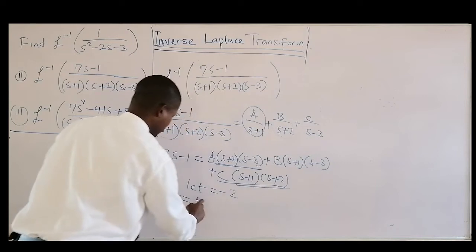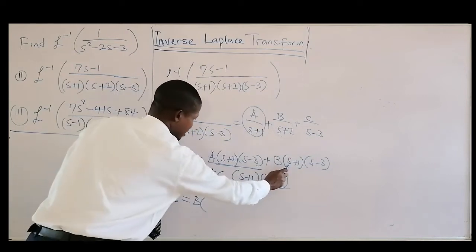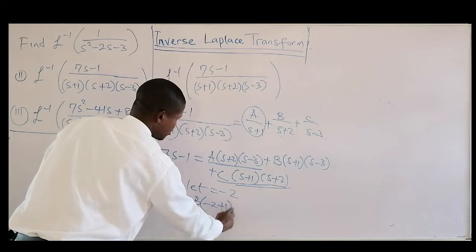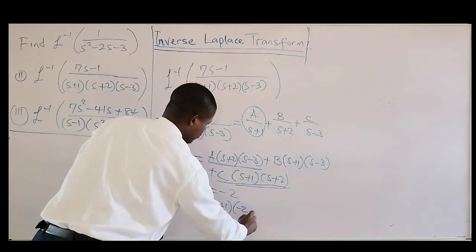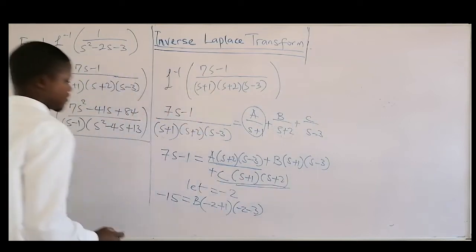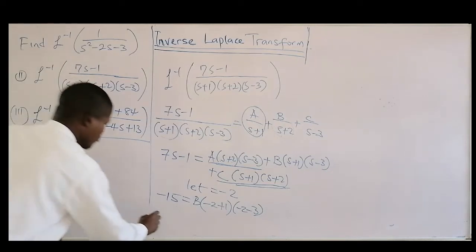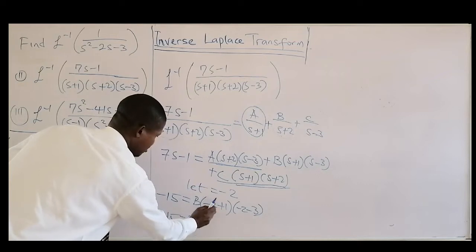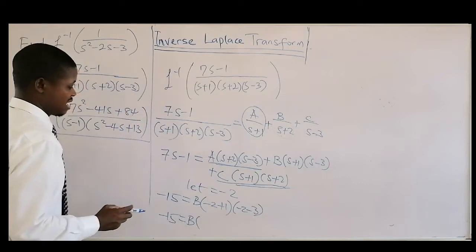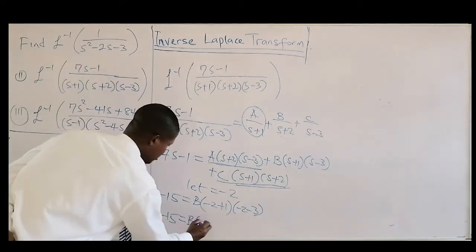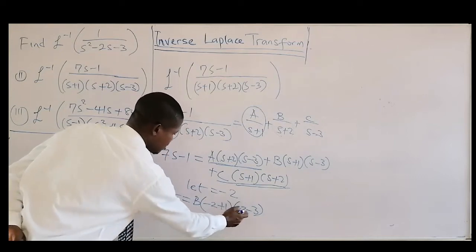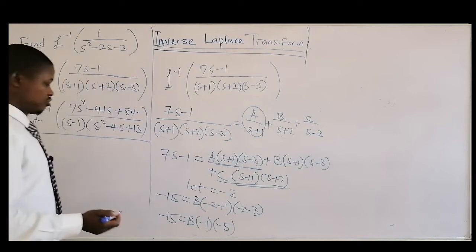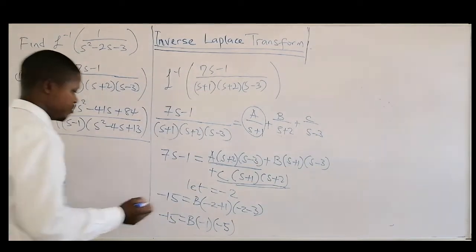I can get B. So that will be B into bracket (minus 2 plus 1)(minus 2 minus 3). And that will be equal to minus 15 equal to B into bracket minus 2 plus 1, that's minus 1, into brackets minus 5. So minus minus, that's plus 5. So B is minus 3.